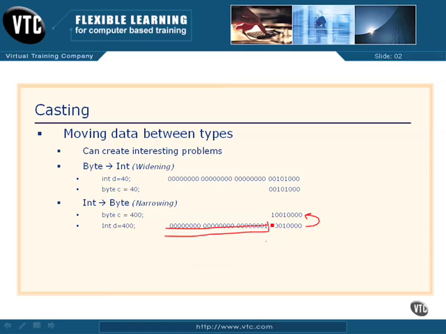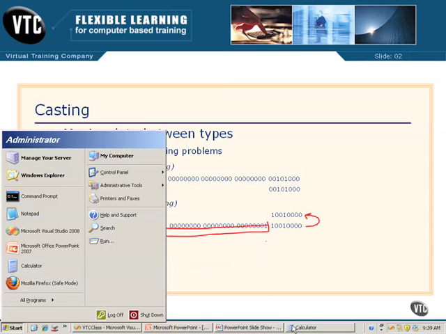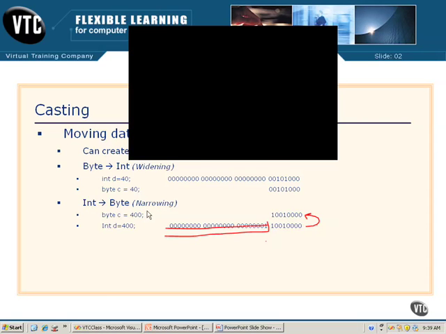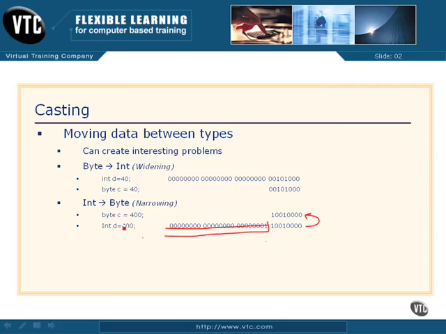What we ended up with was 10010000, okay? And let's convert that into English. So if I go to my binary, 10010000, and I look at that as decimal, it's 144. So when I read it here as d, it was worth 400. When I insert it into a byte, it's now worth 144. So I'm not going to get 400 out of here. I'm going to get 144. Does that make sense? It's a little confusing, but that's the problem we get into.